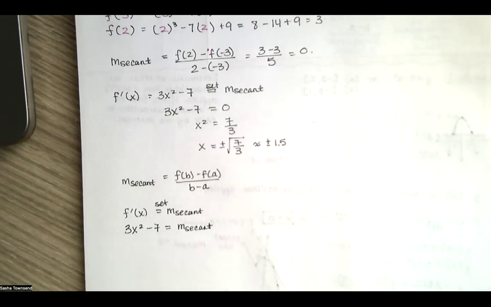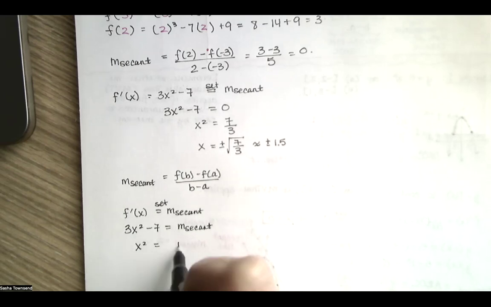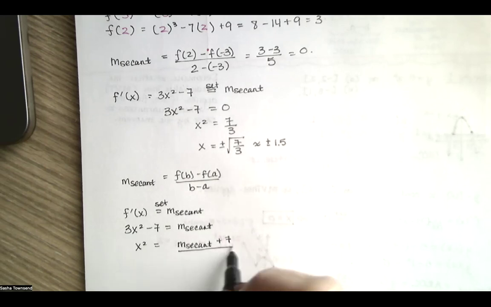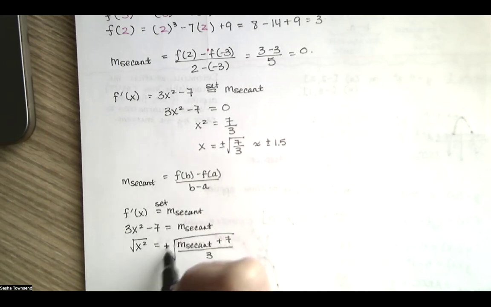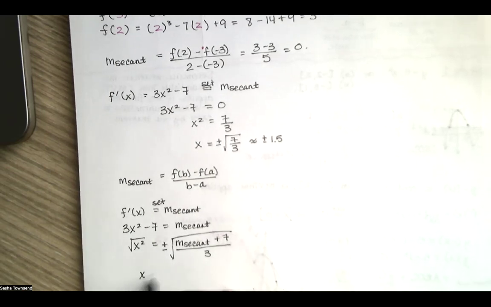And then you can solve for x by adding 7 to both sides, dividing both sides by 3, and then to get rid of the squaring function, you take the square root. Don't forget the plus or minus. So for this function, you get 2 values.